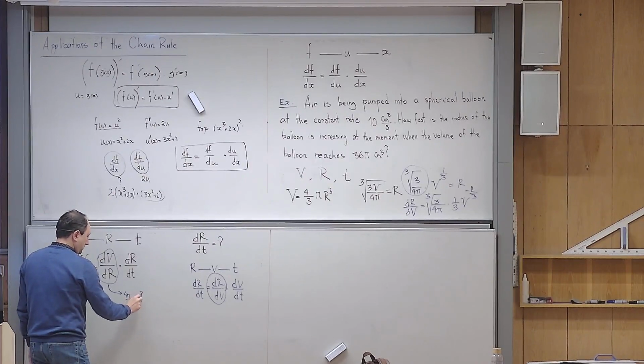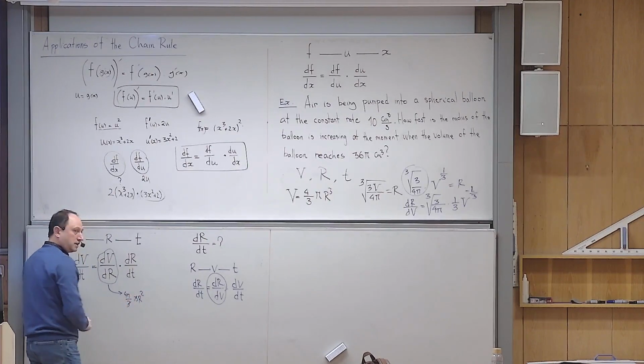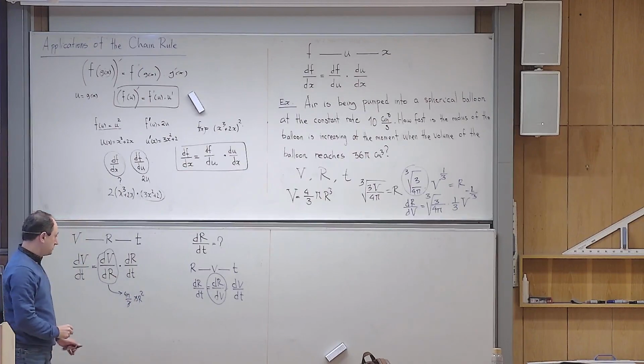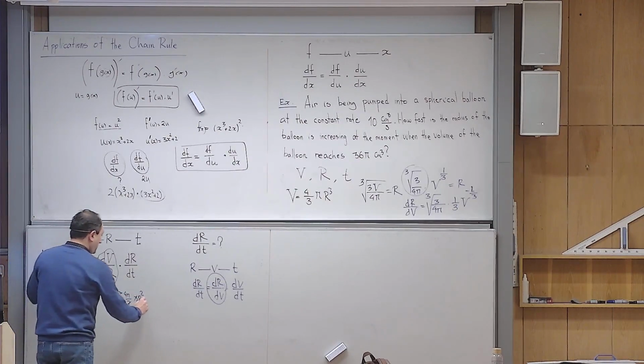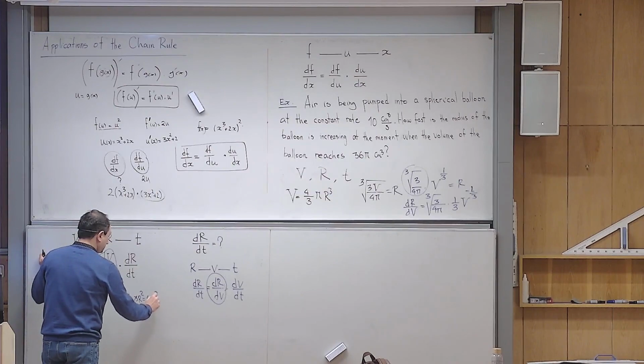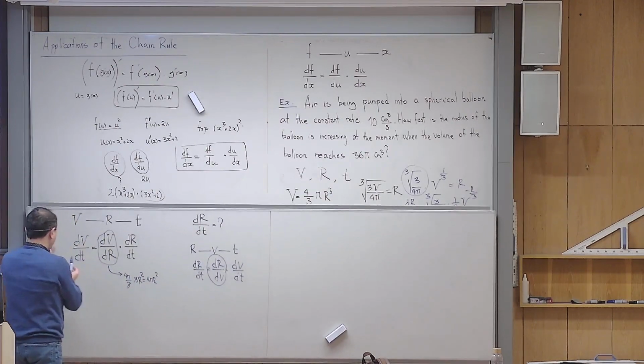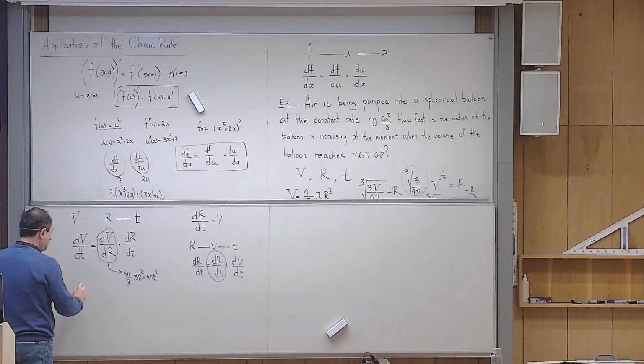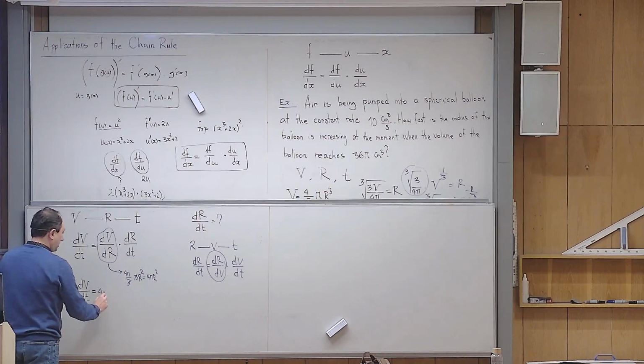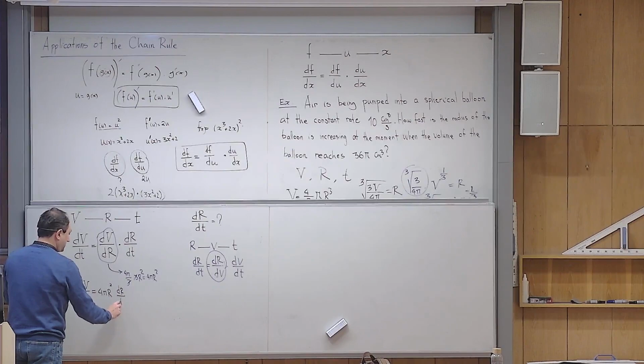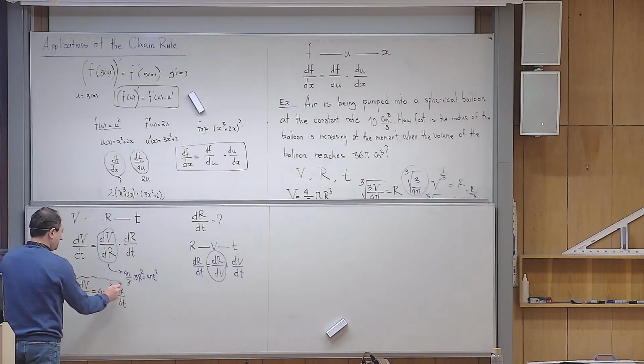This 3 and that 3 cancel, so I get 4 pi r squared. So if you don't mind, let me put everything back. dV dt is equal to 4 pi r squared dr dt. This is what I get.